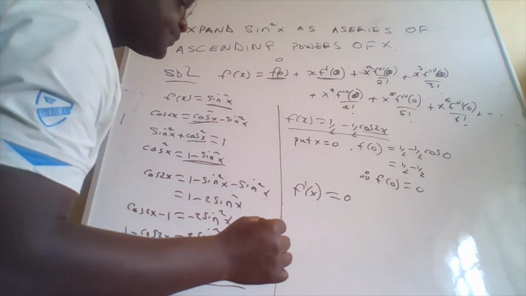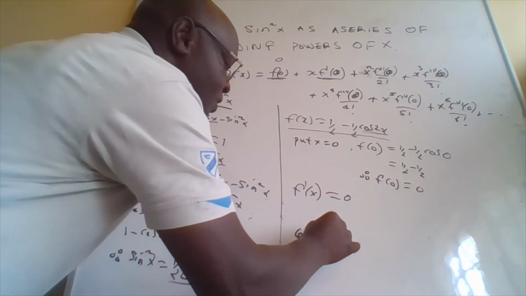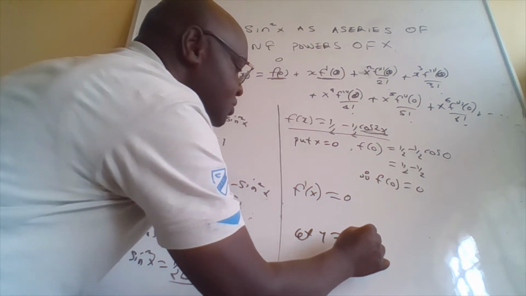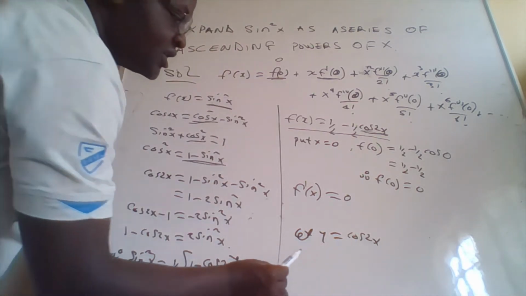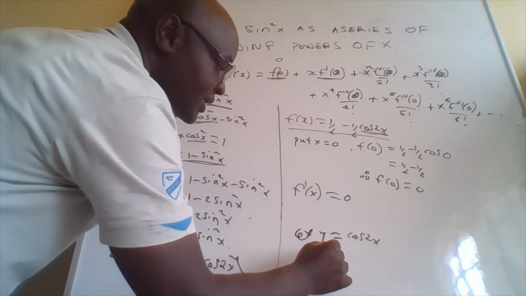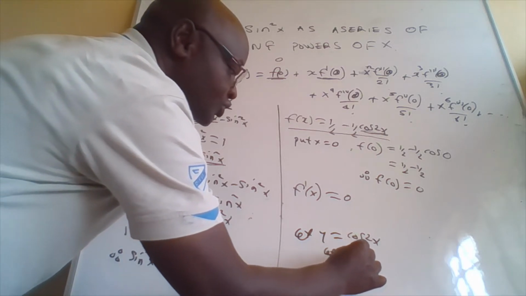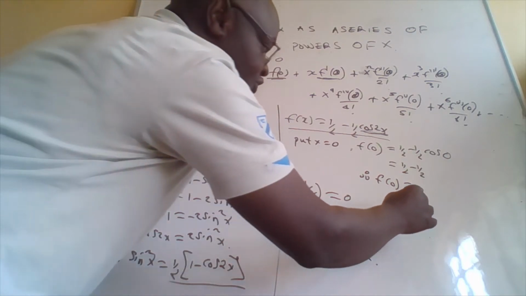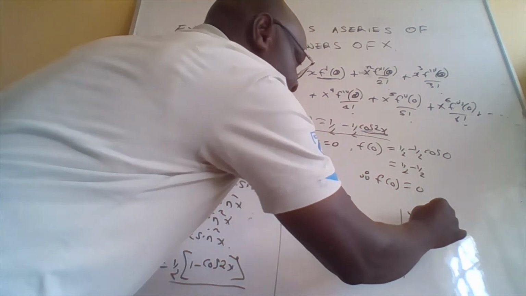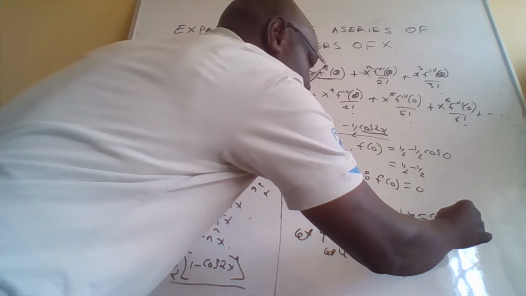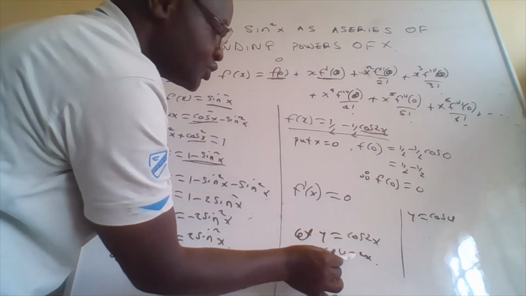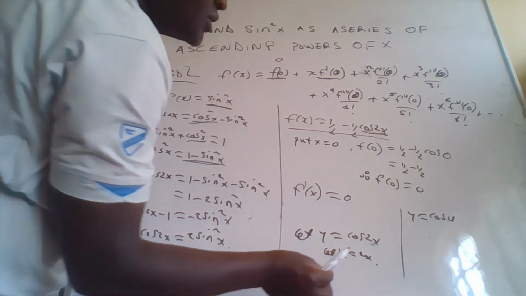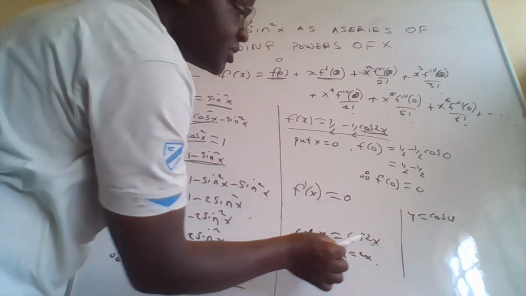Let y equal cos 2x. Let u equal 2x. Therefore, this equation now becomes y equals cos u.